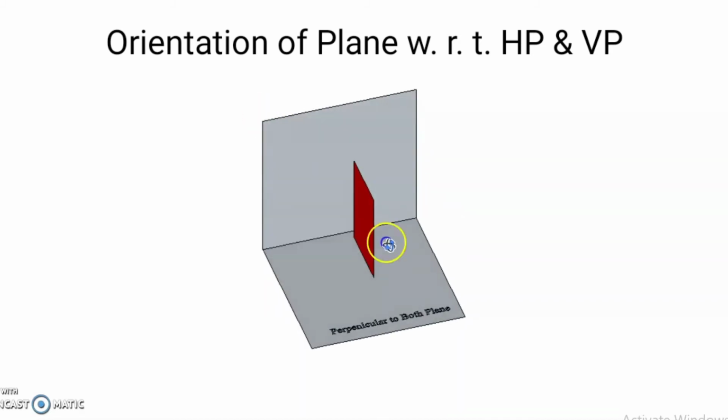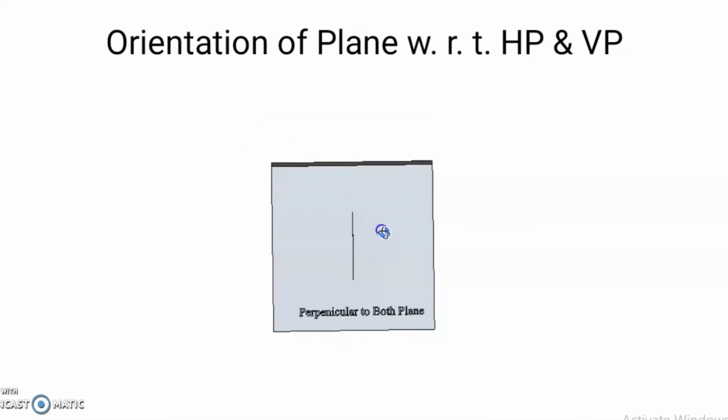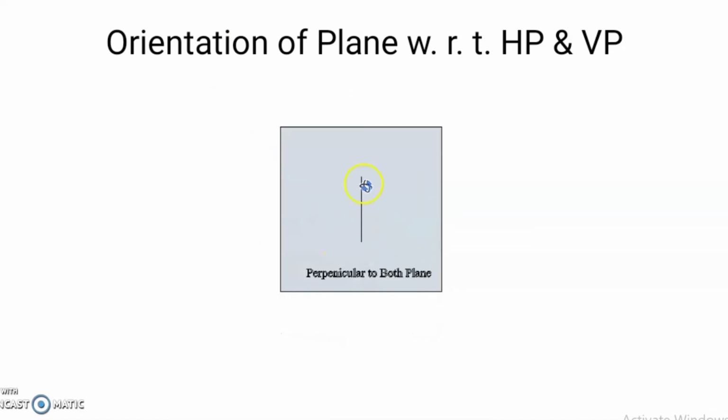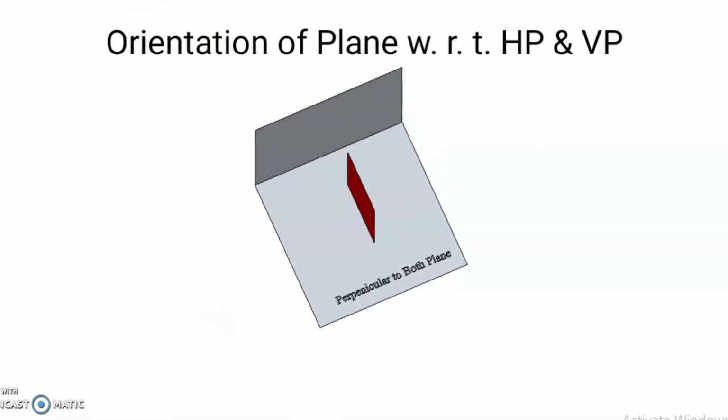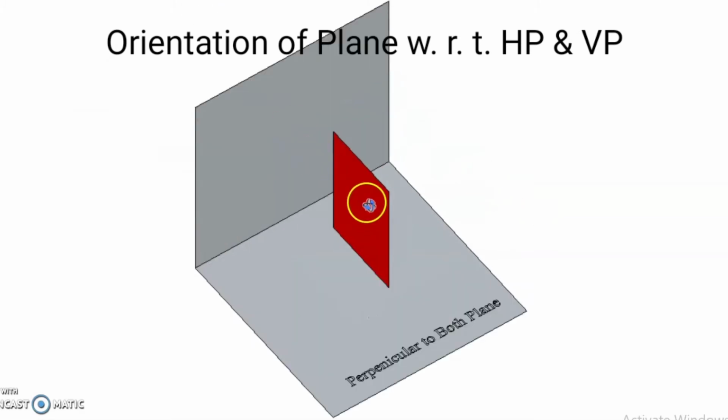Now if we observe from the top side, its top view appears as a straight line which is again perpendicular to XY. So in conclusion, when the given plane is perpendicular to VP and HP, then its front view and top view show a line view which is at a right angle to the XY.